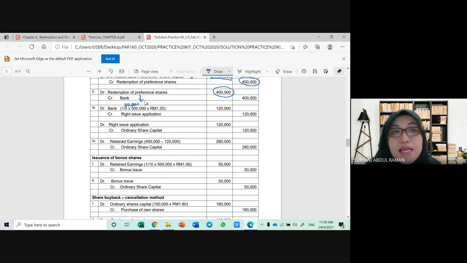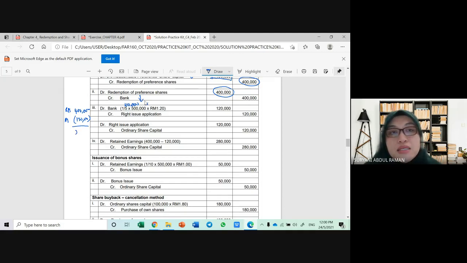So again, let us recheck whether the shares have been fully replaced or not. RPS redeemed was 400,000. So you have replaced by right issue of 120,000. Okay, still insufficient. So you need by how much?